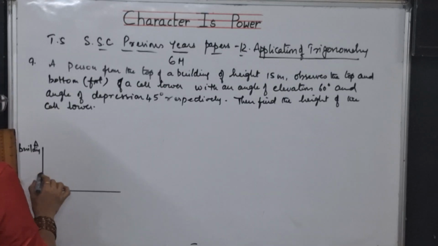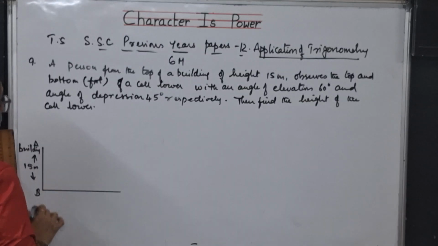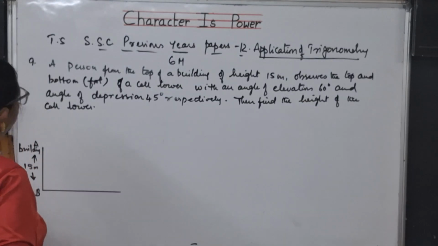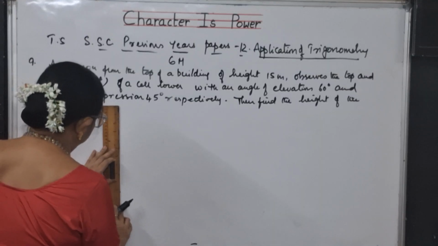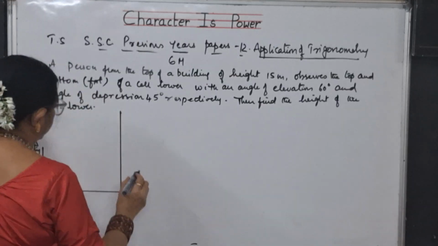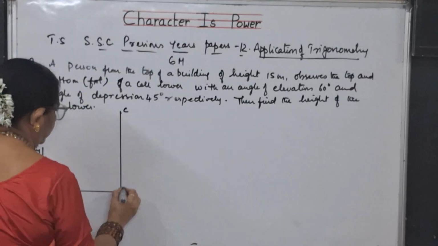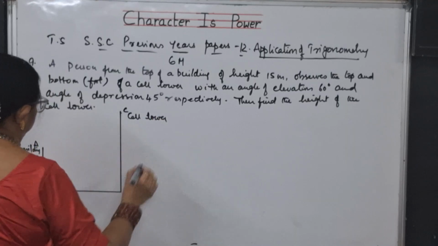Top of the building height 15 meters. So this is 15 meters, this height. Observes the top and bottom of a cell tower. So definitely cell tower will be longer. This is cell tower C, D, call it as cell tower.